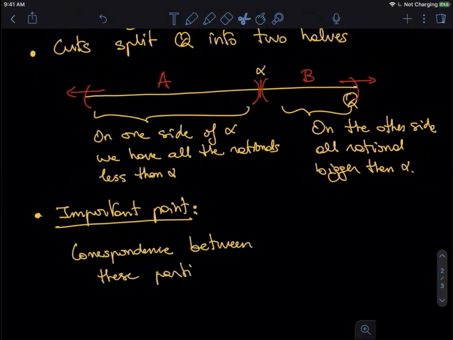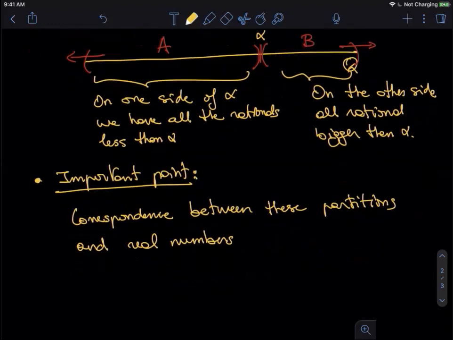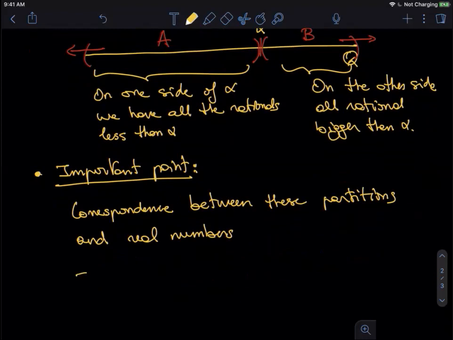Let me put everything in the same line. Correspondence between these partitions and real numbers. So basically, every real number gives you a partition. It's just a choice of where to split. Okay. So here we have two options.